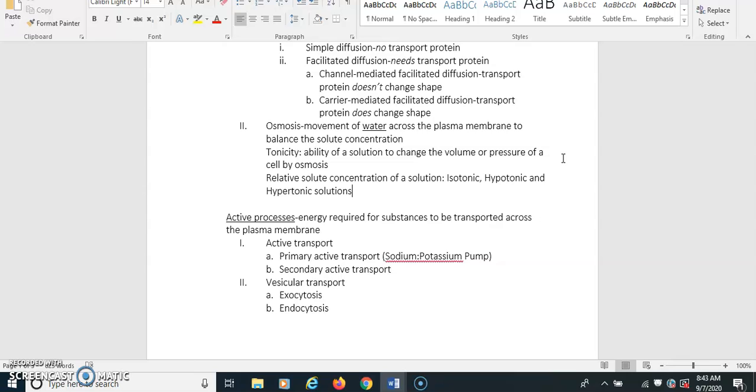So when we say a solution, we're just talking about that watery fluid that's outside of our cells.